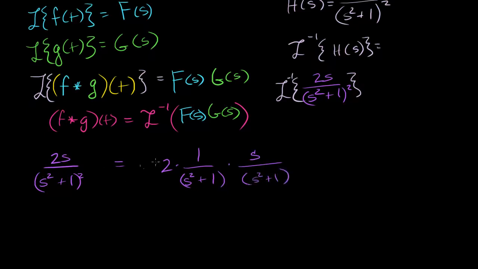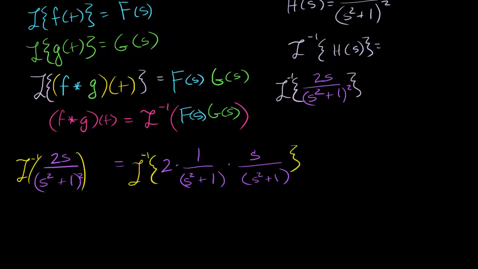I just broke it up. If you multiply the numerators, you get 2 times 1 times s, or 2s. If you multiply the denominators, s squared plus 1 times s squared plus 1, that's just s squared plus 1 squared. So this is the same thing, and taking the inverse Laplace transform of this is the same as taking the inverse Laplace transform of this right here.